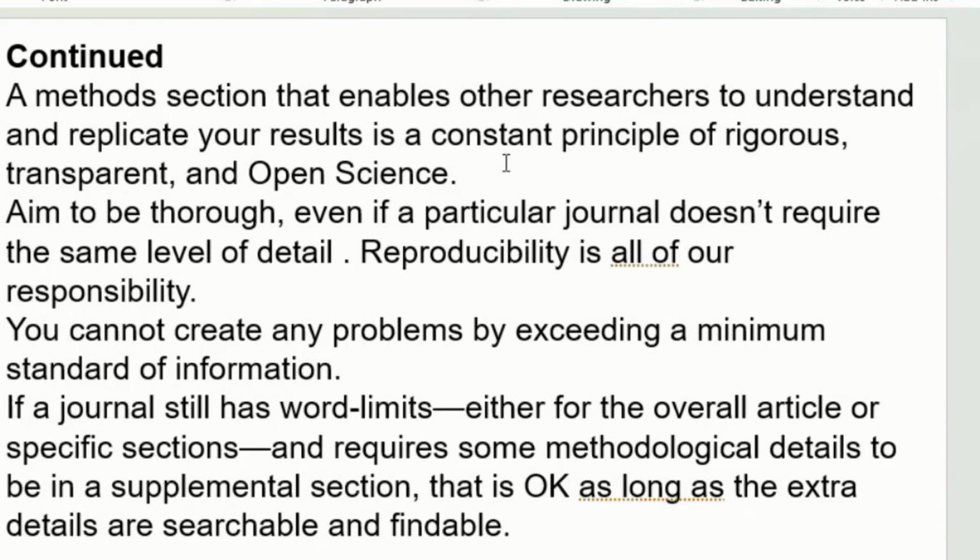Now, aim to be thorough, even if a particular journal doesn't require the same level of detail. I am speaking here about a journal, but I'm just summarizing it to say, whatever you are doing when you write or when you report something, try by all means to be thorough.